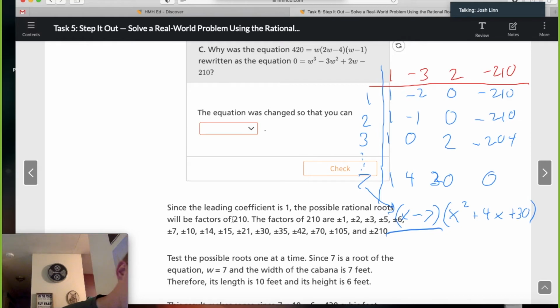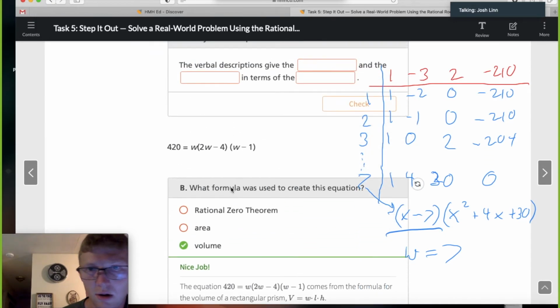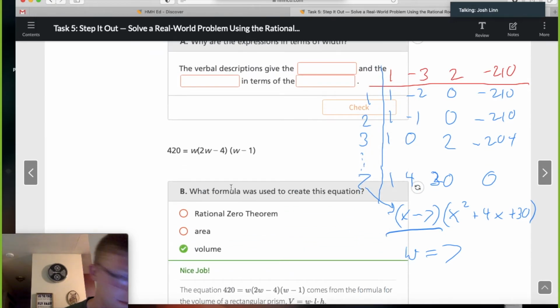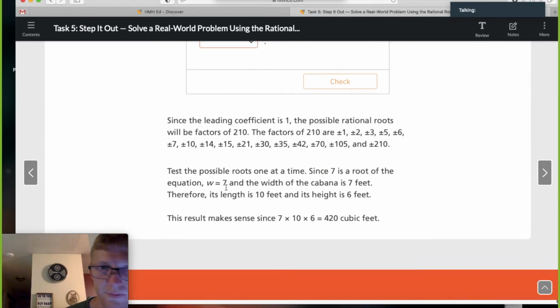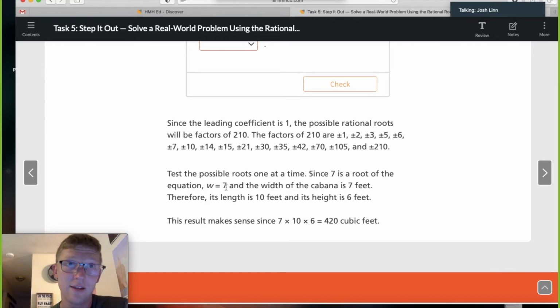So if our w equals 7, then you just take that and you plug it into all of the stuff up top. So you can find width and whichever one was the length and the height. Make sense? Totally. Too easy. Now I got a problem for you.